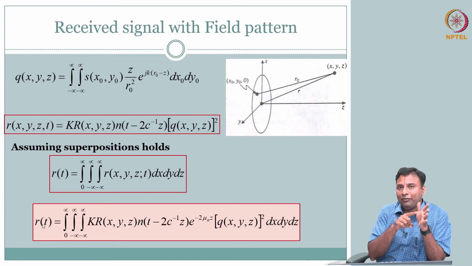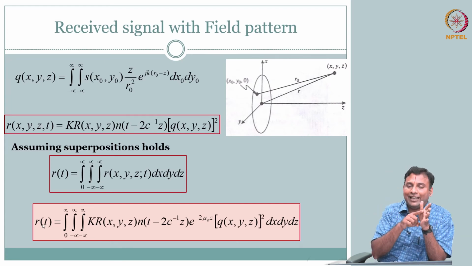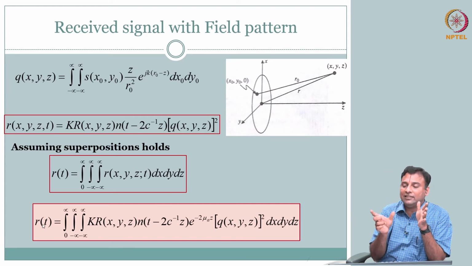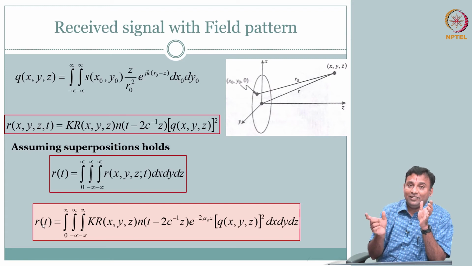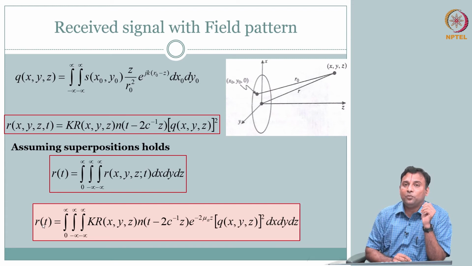So you have to wait for two times the time for the distance. If you get your echo at time equal to t, that means you have a factor of 2: it has travelled twice the distance in that t.